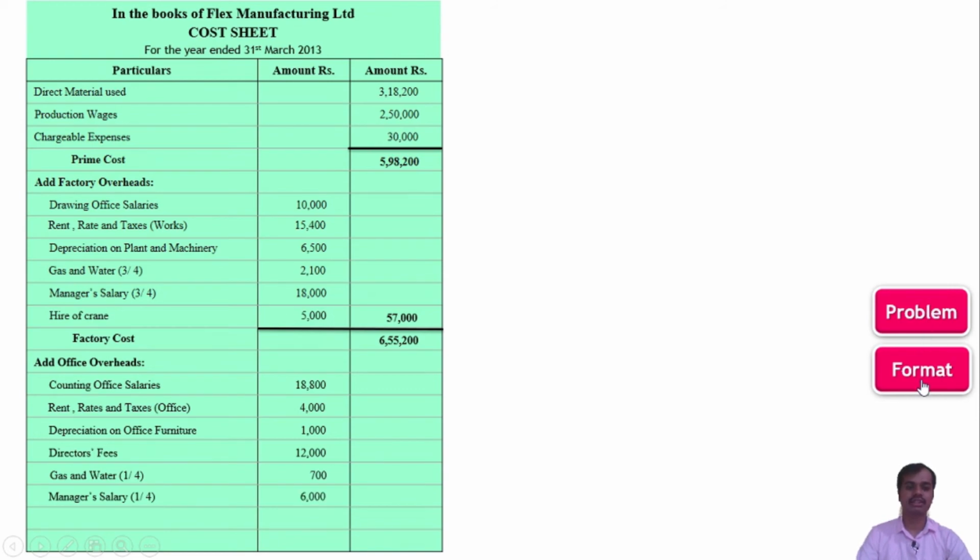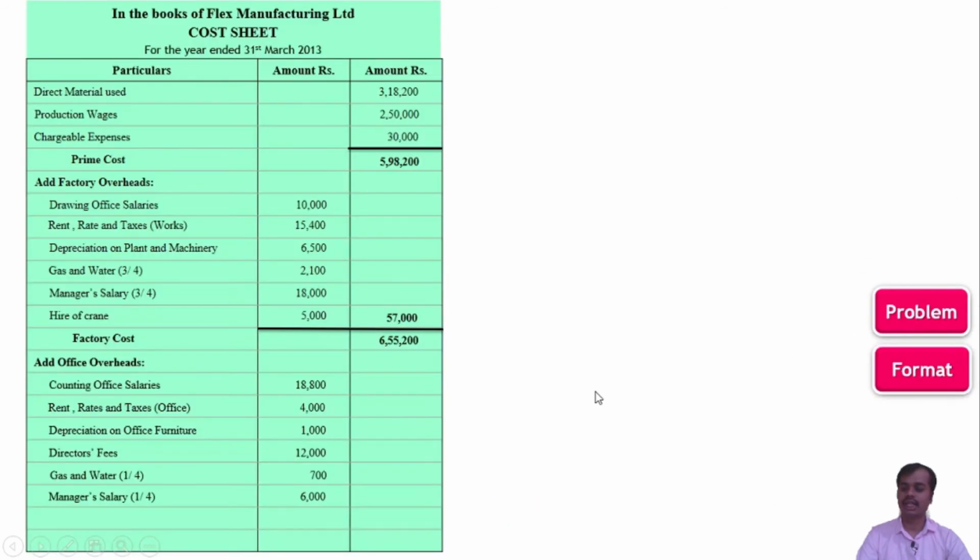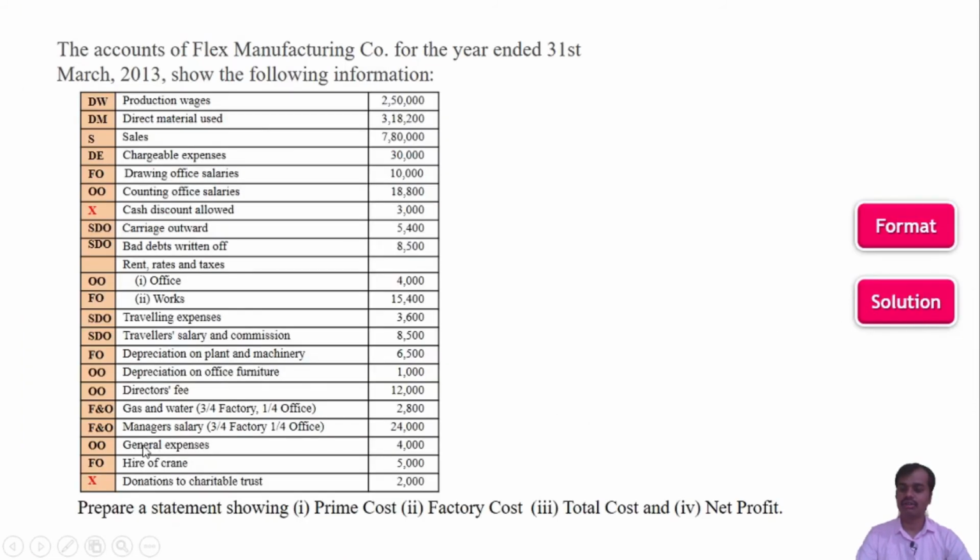After this, next office overhead is general expenses, which is 4,000. Let's add general expenses 4,000, and after that I think all office overheads expenses are finished.